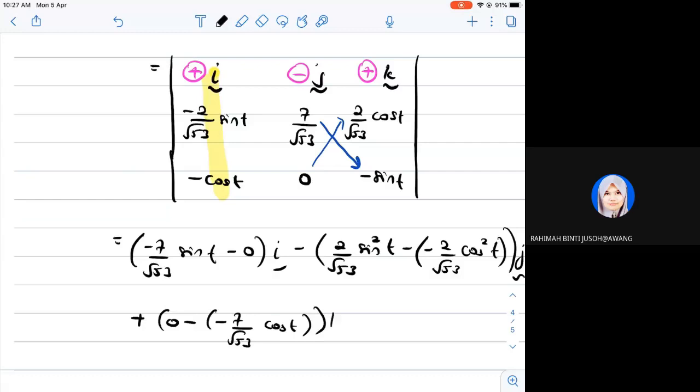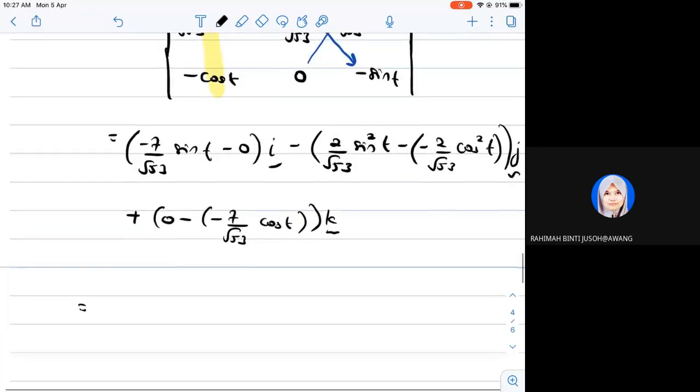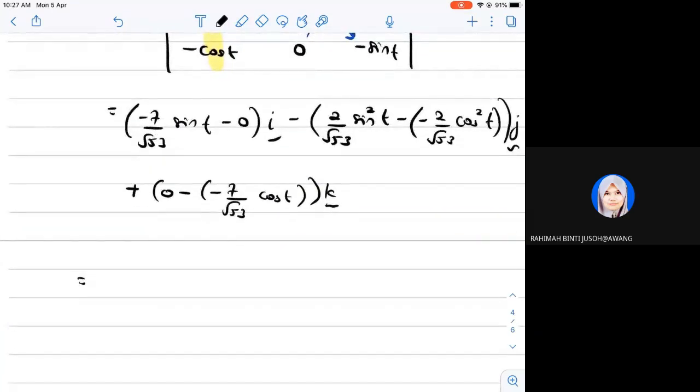Like this. Okay. Alright. So now we will get negative 7 over square root 53 sin t.